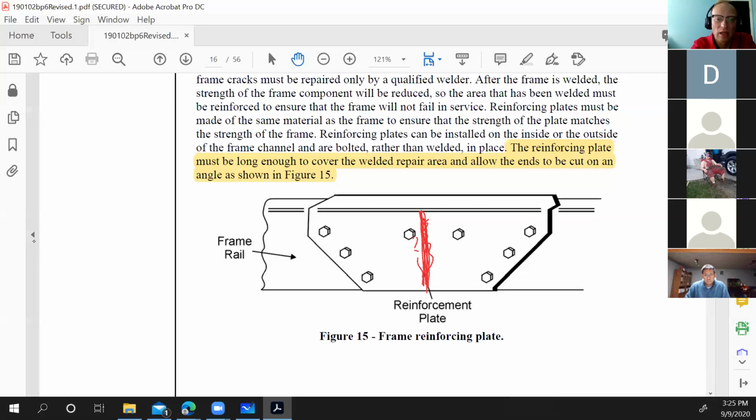You have a lot less area of contact, and you've caused one specific weak spot in the frame, okay? So what you would want to do is you'd want to have it at an angle like this.